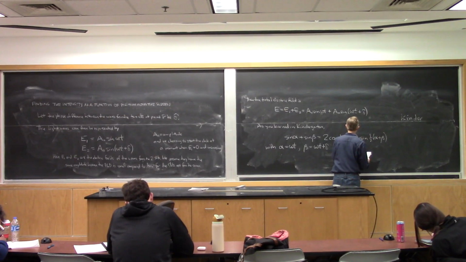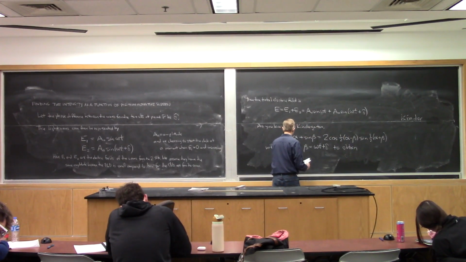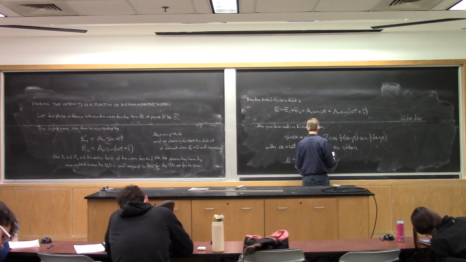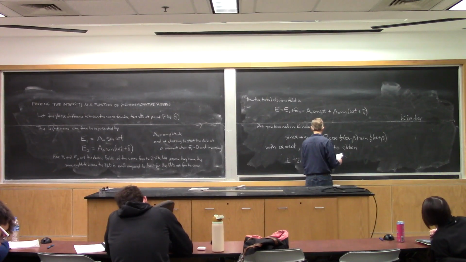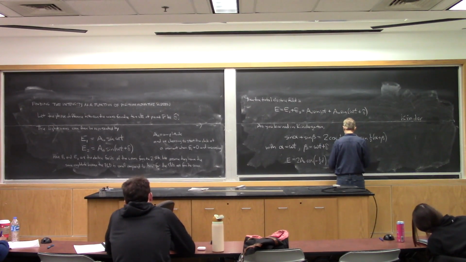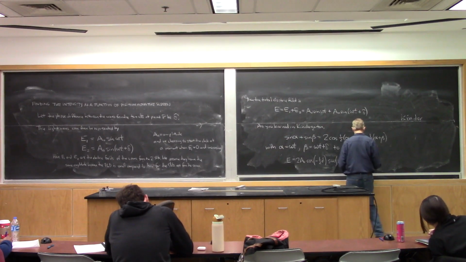So we just plug those into our trig identity, and we get that E is 2a naught times the cosine of minus 1/2 delta times the sine of omega t plus 1/2 delta.